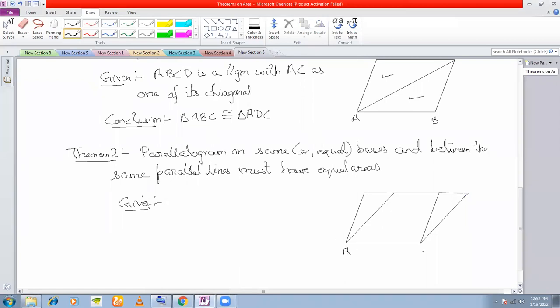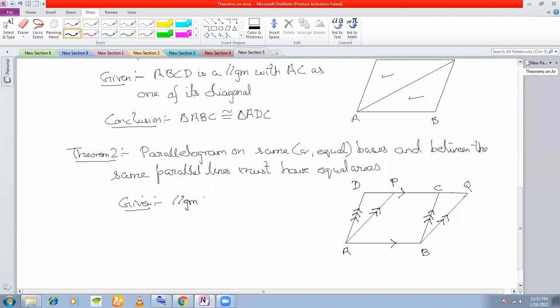If you see in this figure, ABCD is a parallelogram. These two are parallel lines, these two are parallel lines, and these two are also parallel. So ABCD is a parallelogram, and ABQP is also a parallelogram.